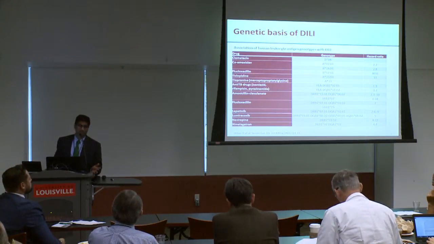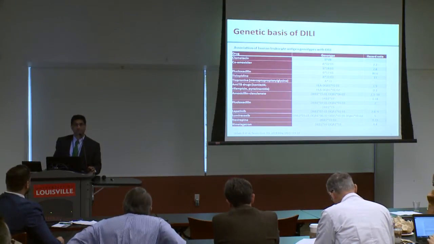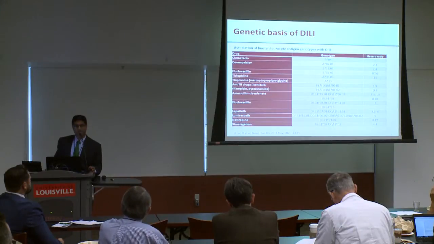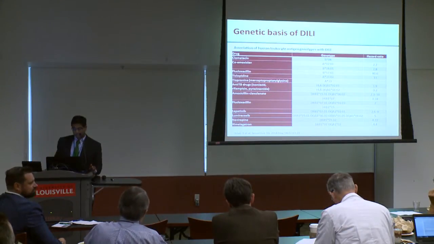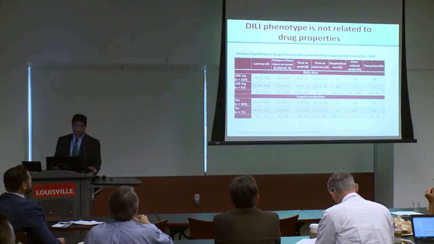And often the answer is, well, your sample size is not enough, and I don't know how big the sample size needs to be before we break the bank to figure out whether it is truly correct. But a lot of work has been done, especially from NIDDK and the Drug-Induced Liver Injury Network.